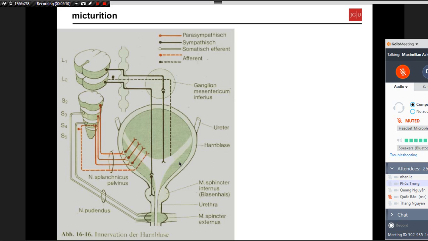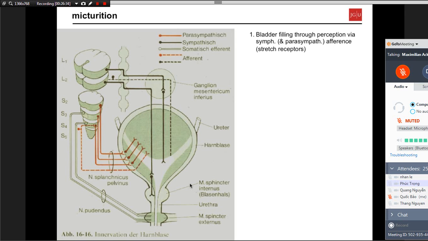The sphincter itself is innervated by the pudendal nerve. So the pudendal nerve does the voluntary relaxation for the micturition, and then you have the internal sphincter at the cervix of the bladder, which does continuous constriction to prevent a loss of urine.